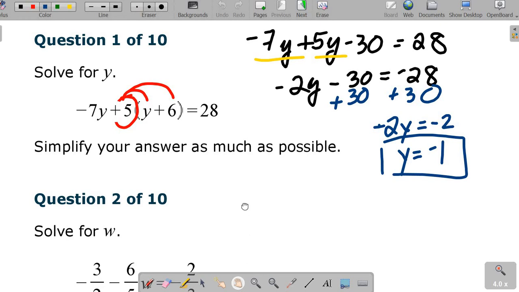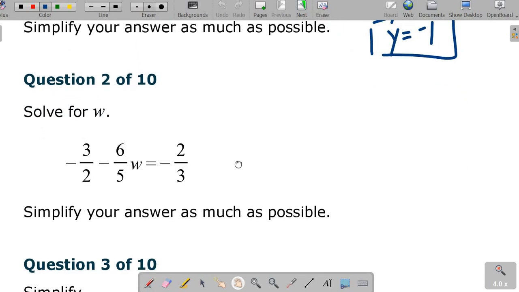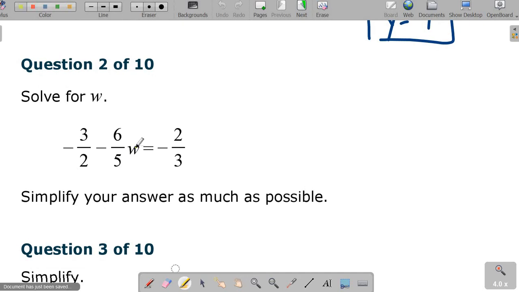Get your variables to one side and numbers to the other. So taking a look at number 2, when you're working with fractions, your job is to create an equivalent expression. If you have a whole number, like 2w, you first must change it into a fraction. Once you have all fractions, then you can work to find your lowest common denominator, your LCD.